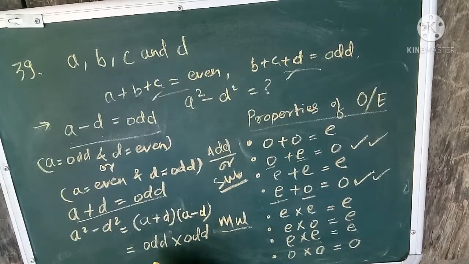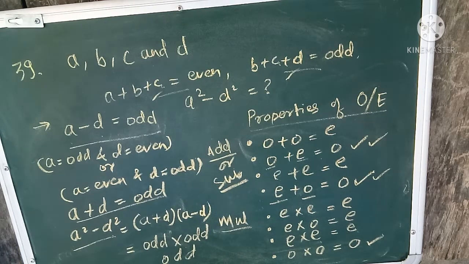And we know that the multiplication of two odd numbers is an odd number. So whatever the value of a square minus d square will be, it will be an odd value. So the answer to this question is odd.